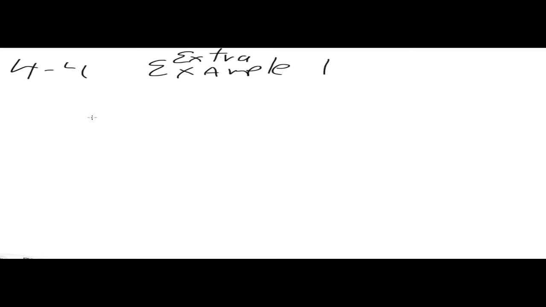And here we're going to solve 21x minus 9 equals 11x minus 39. So my first step, again, I'd like to gather values on one side or the other.